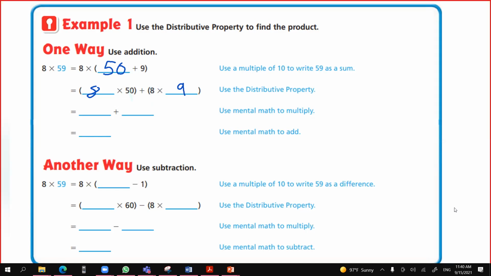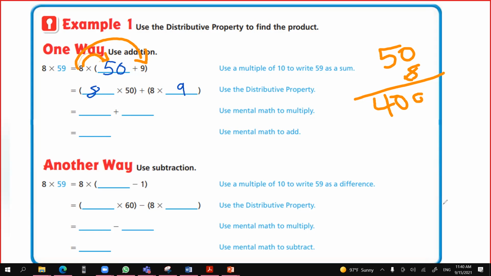So what do we have now? What did I do now? I distributed 8 into 50, and 8 into 9. Then 8 times 50. 8 times 0, 0. 8 times 5, 40.